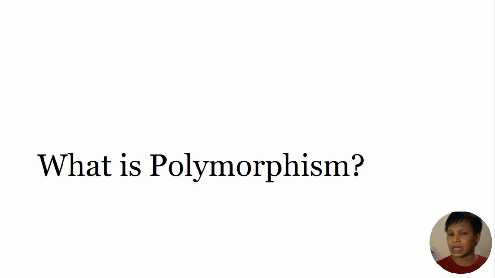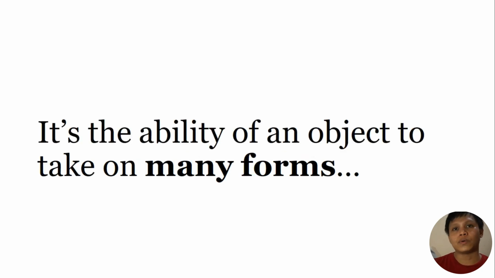Poly, just like polygon, means many, and morphism comes from the word morph, meaning form. If we combine those two definitions, we now have this: polymorphism is the ability of an object to take on many forms. That's it. Many forms.